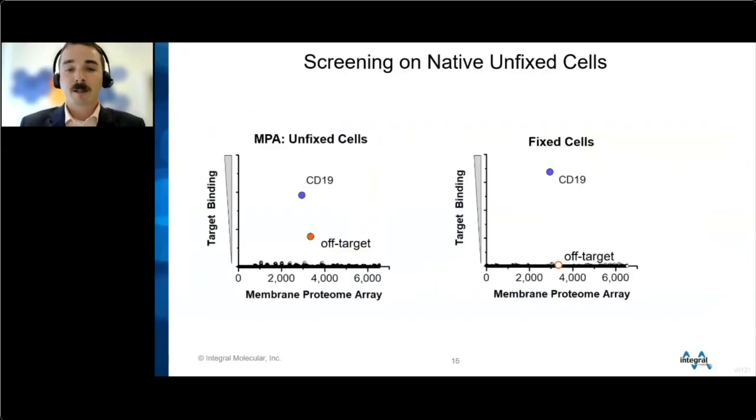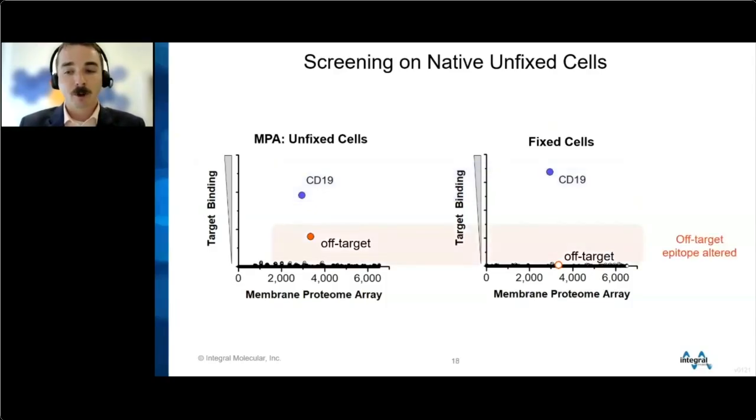We conducted a proof of concept experiment here. On the MPA, we conducted two different experiments. First, our standard workflow using unfixed cells, and then another workflow using the same exact protocol, but introducing fixative prior to screening. In both of these experiments, our on-target epitope remained intact, and we were able to identify CD19 binding in both of these conditions.